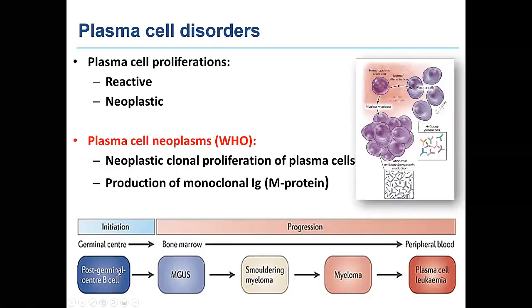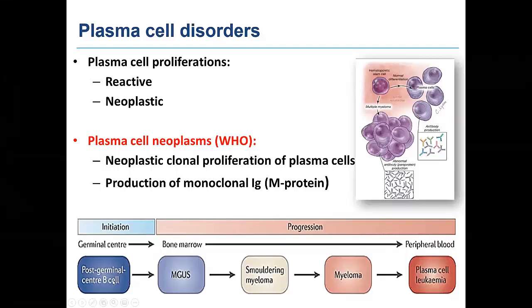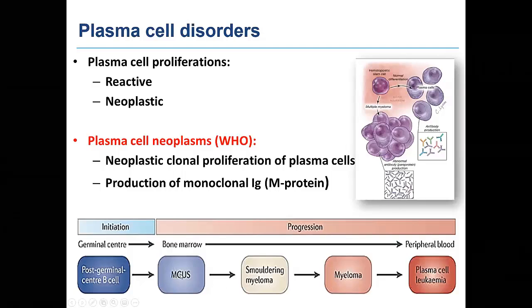Now this is the process of initiation. You can see the post-germinal center B cell. It gives rise to MGUS, that is monoclonal gammopathy of unknown significance, which is a precursor of multiple myeloma. In between the two, there is a stage we label as smoldering myeloma. And finally, there is multiple myeloma, and this myeloma may go on to even plasma cell leukemia.